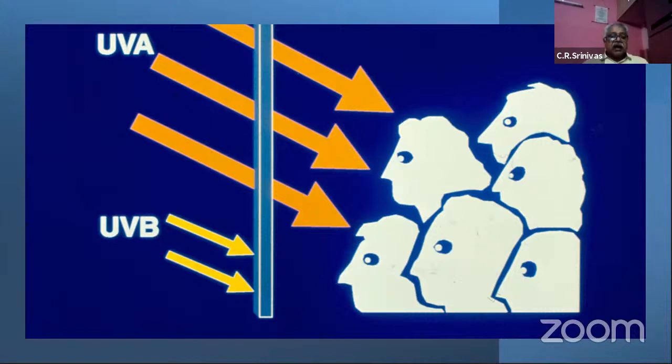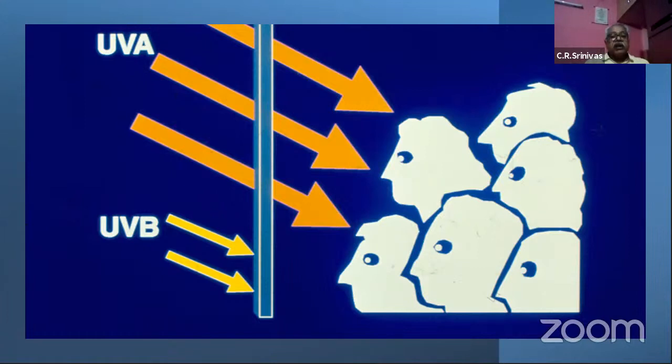Then, of course, one way to find out if a person is sensitive to UVA or UVB: if a person has polymorphic light eruption, then you can ask him to stand behind the glass. First, stand with the windows open, and then one part of it exposed. See if he develops the light eruption. Then, if he stands behind the glass and does not develop it, that means UVB is the cause.